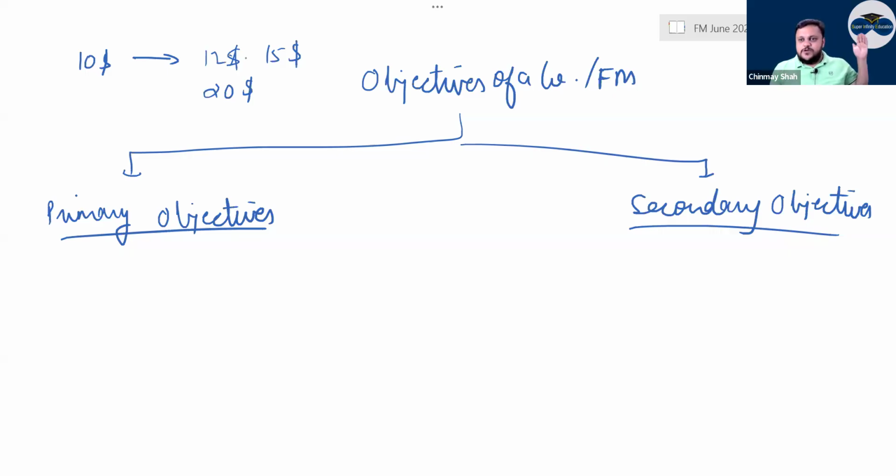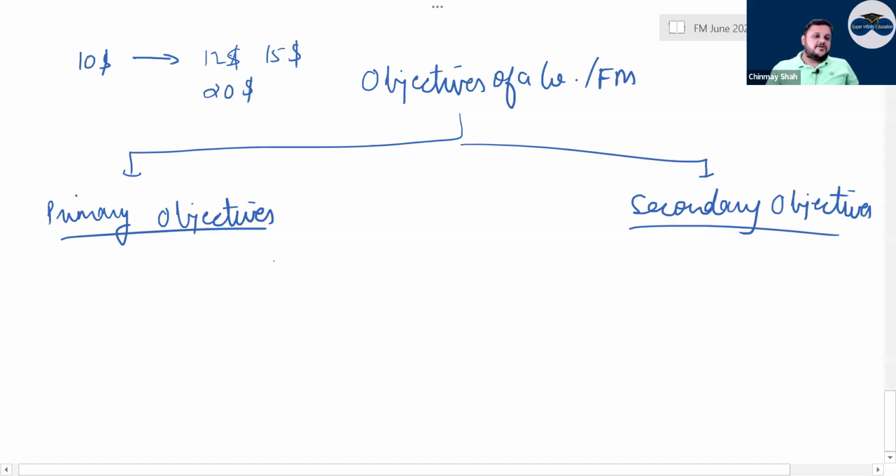And whoever has invested into the bank will get certain returns. When I was in the company, I also invested certain money in my finance company, and I thought, I have invested $10, I should get 15 out of it. How to do all that? That is the basic objective of financing.